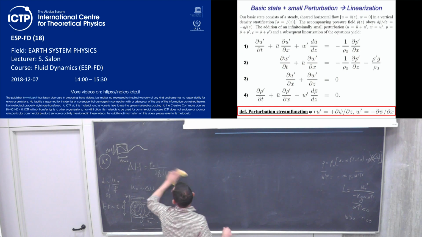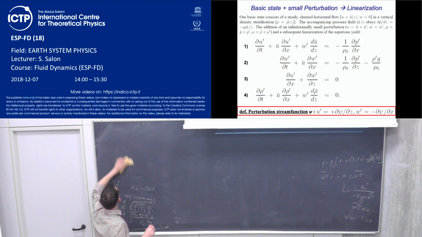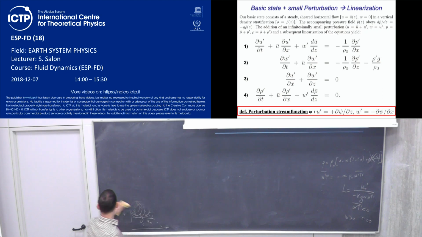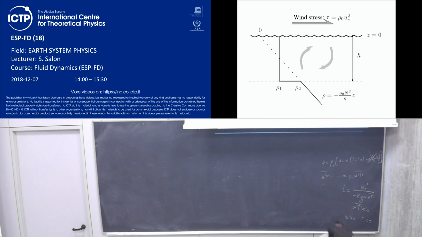Okay, so example. This example is very interesting, and actually this was one of the exercises, if I correctly remember, of the exam last year. It's a problem that wants to solve for the height of a mixing layer which is produced by the action of the wind stress over the sea surface.